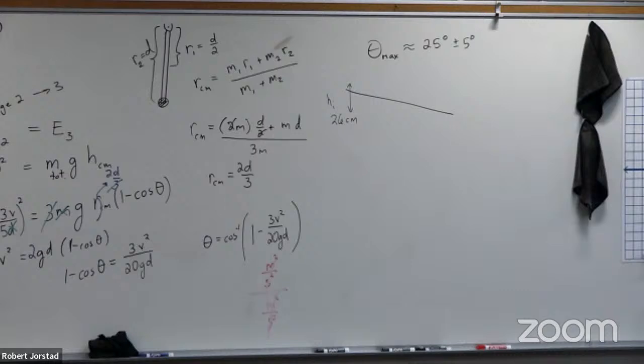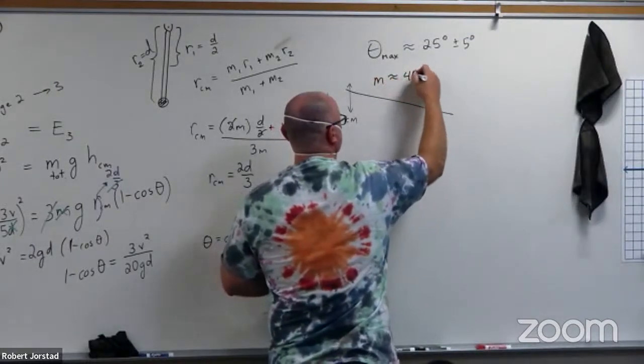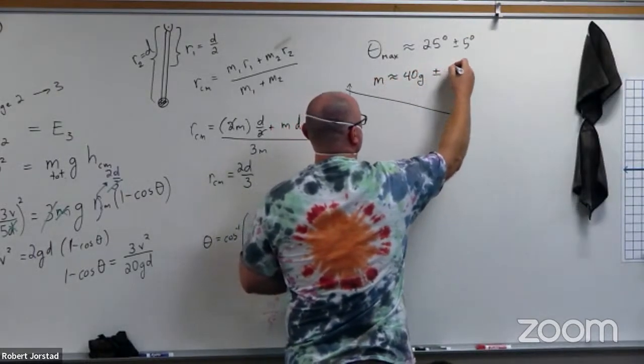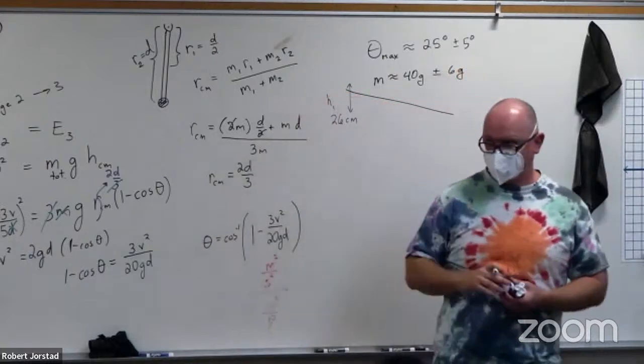Making sure these masses are about right. And the golf ball is about 46. So it's not exactly a 2-to-1 ratio, but it's pretty close. So m is about 40 grams, plus or minus, say, 6 grams. And then 2m fits in there too.